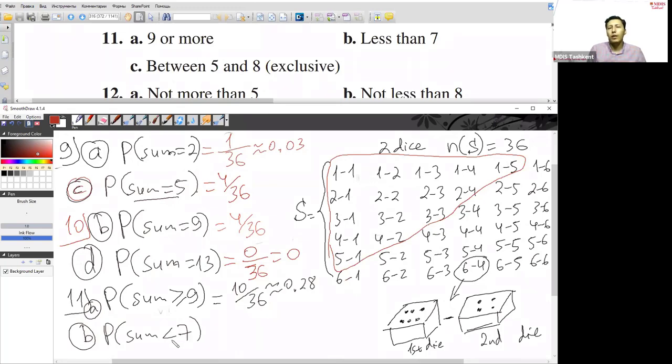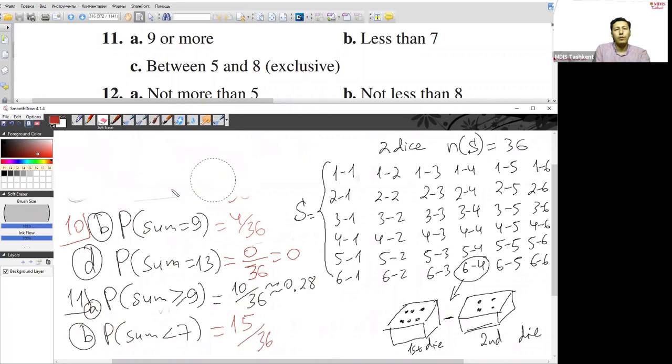It must be less than 7, not equal. So how many? Let's count. 5 plus 4, 9, 12, 15. So that's equal to 15 out of 36.